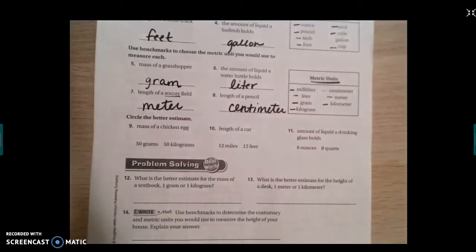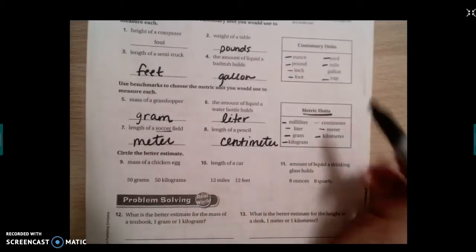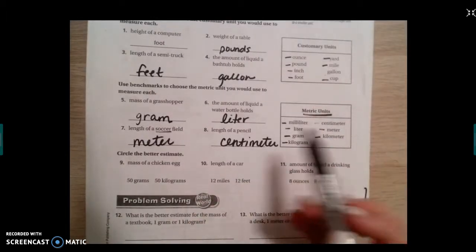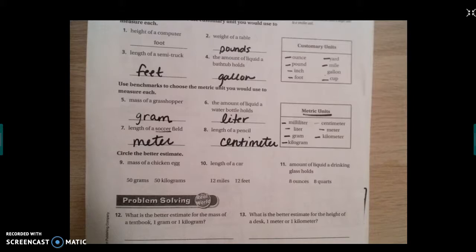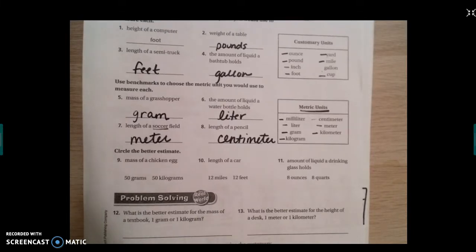We would measure a football field in yards. So we would measure a soccer field in meters. The length of a pencil. So the length of a pencil, we would use centimeters. Okay, a meter is way too long for a pencil.